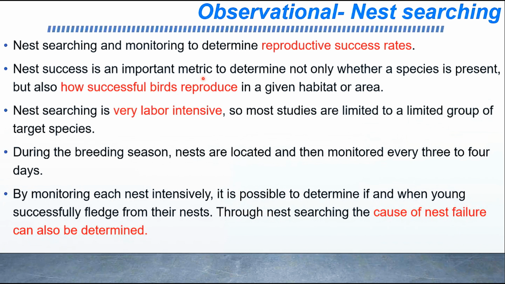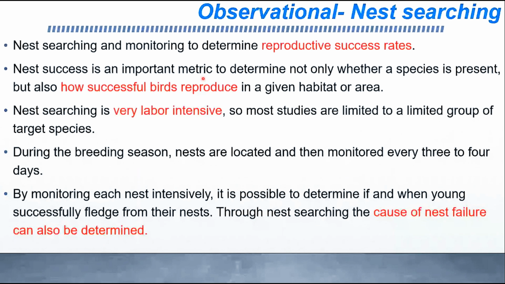You actually go and search for the nest, and you look at the reproductive success rates. So you search for the nest and you monitor the reproductive success rate by looking at the eggs, by looking at the way the eggs have hatched, by looking at how many eggs have hatched, how many have not hatched, if the clutch has failed, why it has failed.